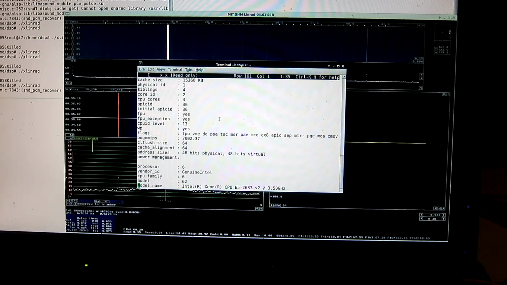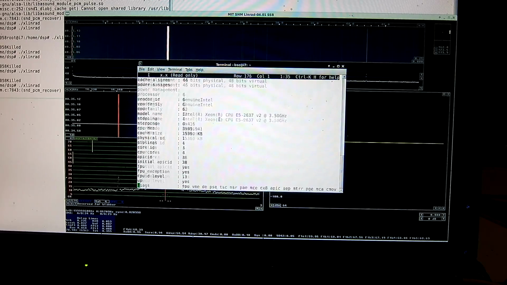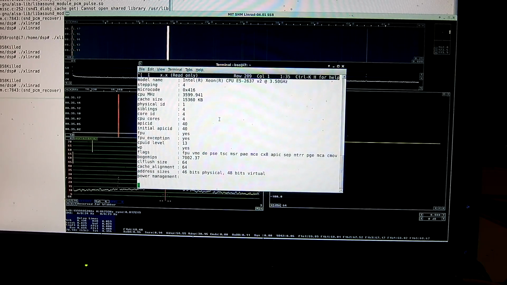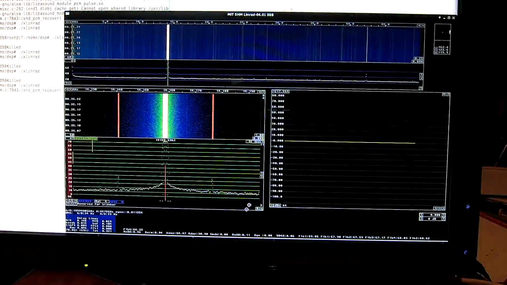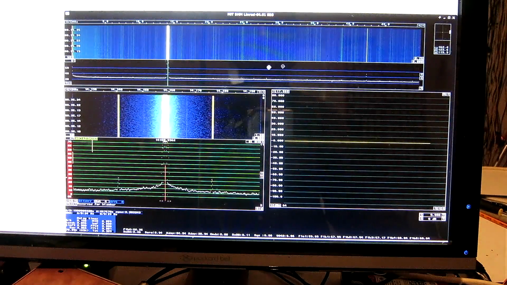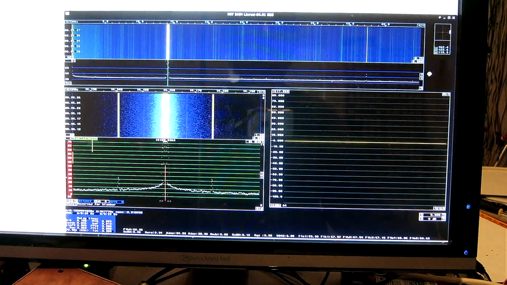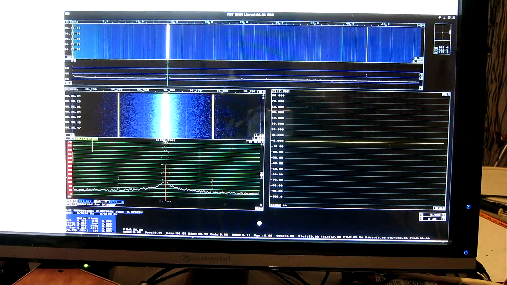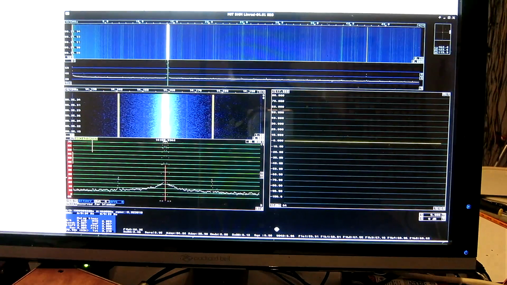The sixth one. The seventh. And the 8th. All processors run at the maximum speed. But we're not showing the entire spectrum. This machine is fast enough to not very often have any problems.